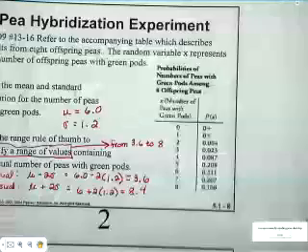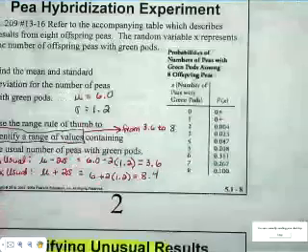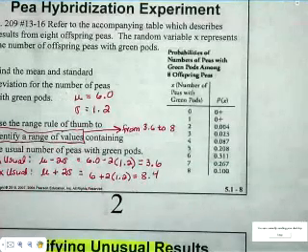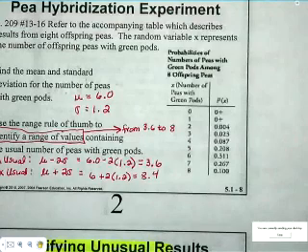Would I use the probability of 5? 5 or more. I would add up this, this, this, and this. That would be way more than 0.05, so no, 5 wouldn't be an unusually high number of peas with green pods.